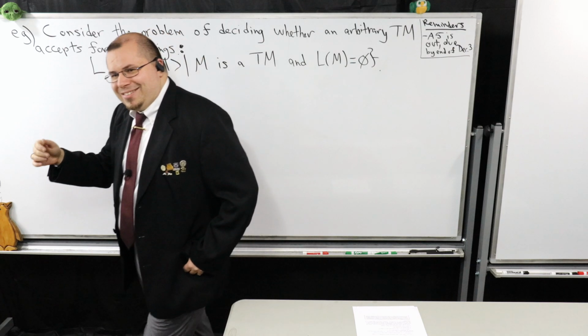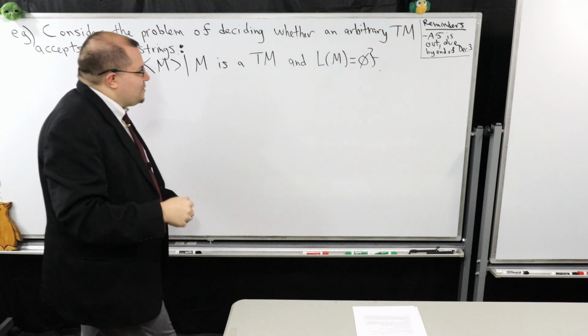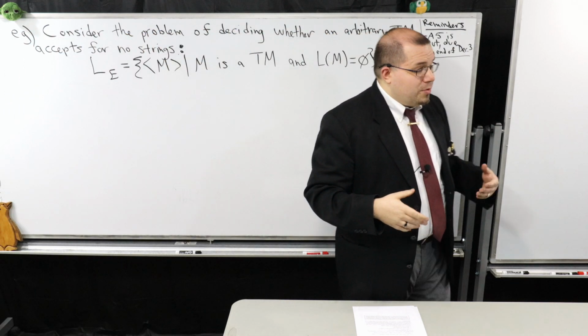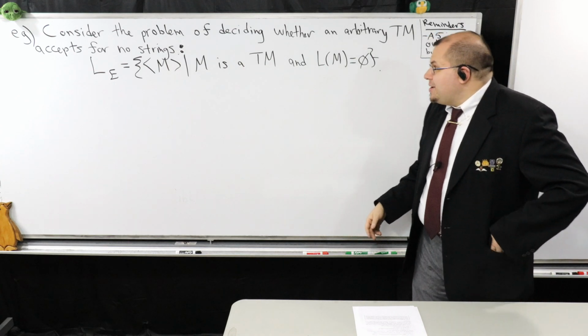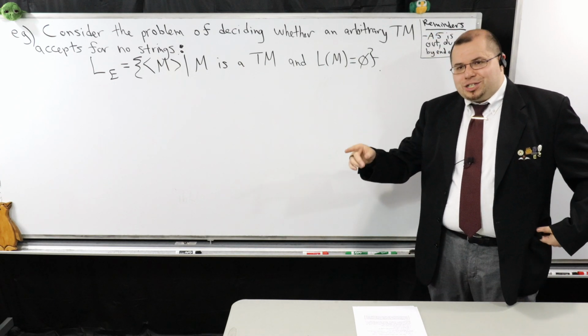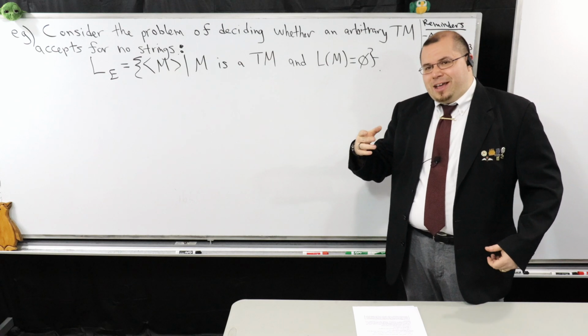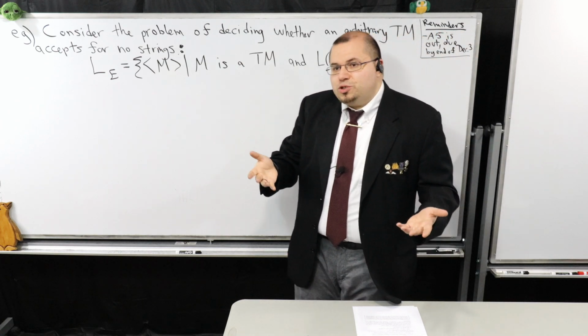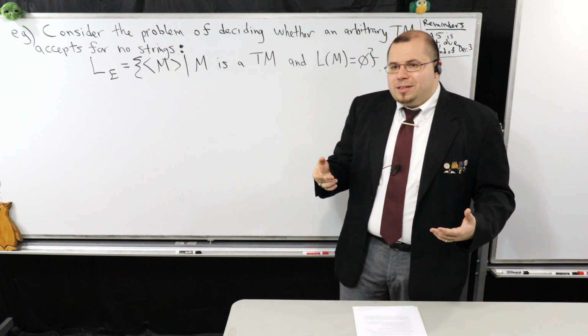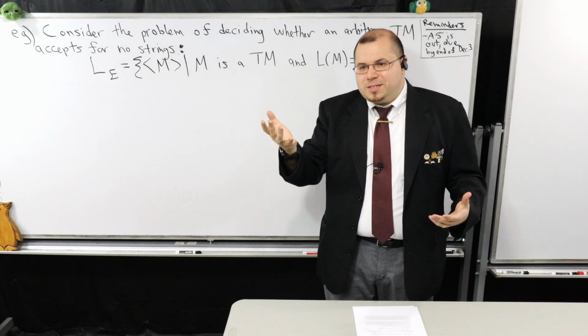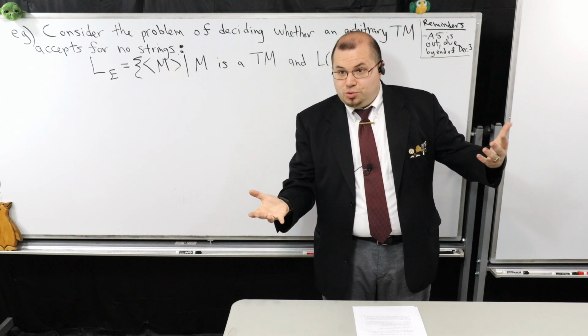Okay, great. Wonderful. I thought we would do another example of one of these reductions. Just remember, when I give you a reduction, if I give you two problems or two languages, my goal is to perform some reduction from one to the other.